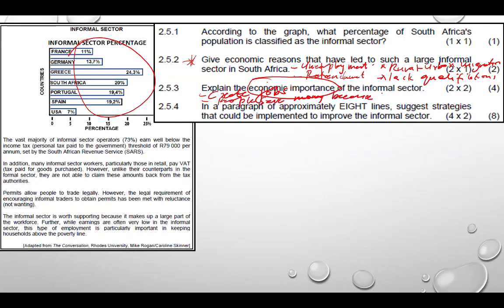People save money because products are cheaper. So these are the economic importance. It creates jobs. It reduces poverty.